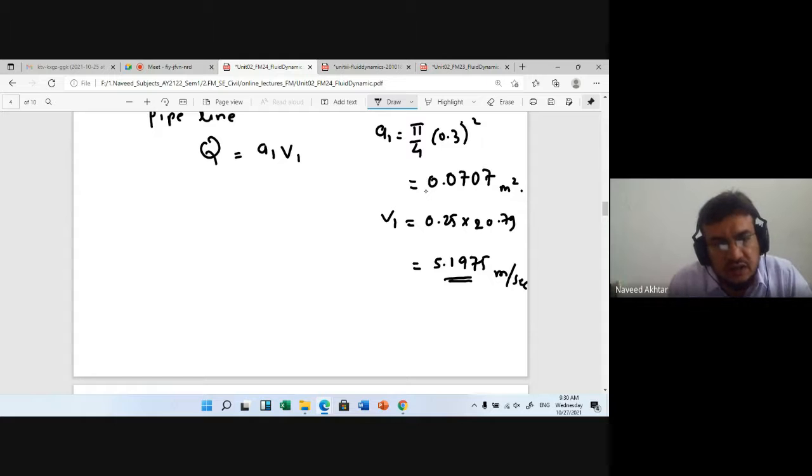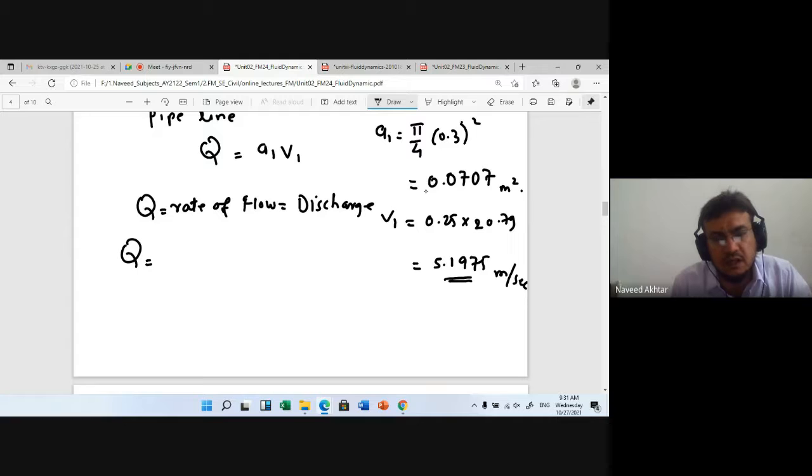So now you can find out the velocity or rate of flow. Rate of flow is nothing but discharge of flow. And discharge you are measuring in meter cube per second. The area is 0.070 meter square into velocity 5.1975 meter per second.